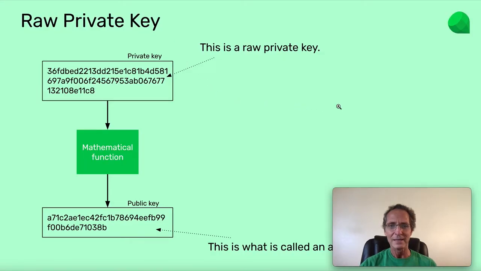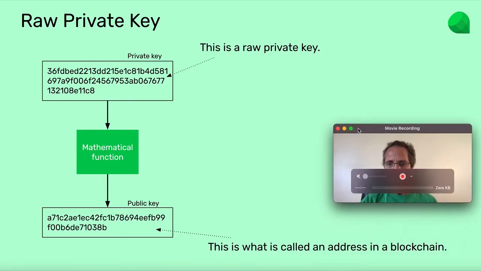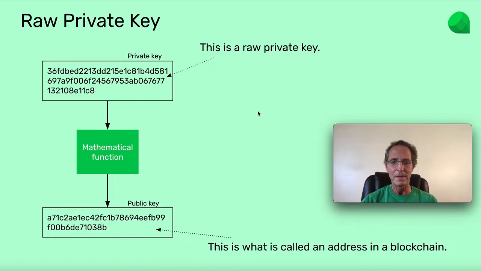Like I explained in the previous class, private and public key cryptography is used to generate addresses on blockchains, and with the private key, people can control their public addresses on the blockchain.